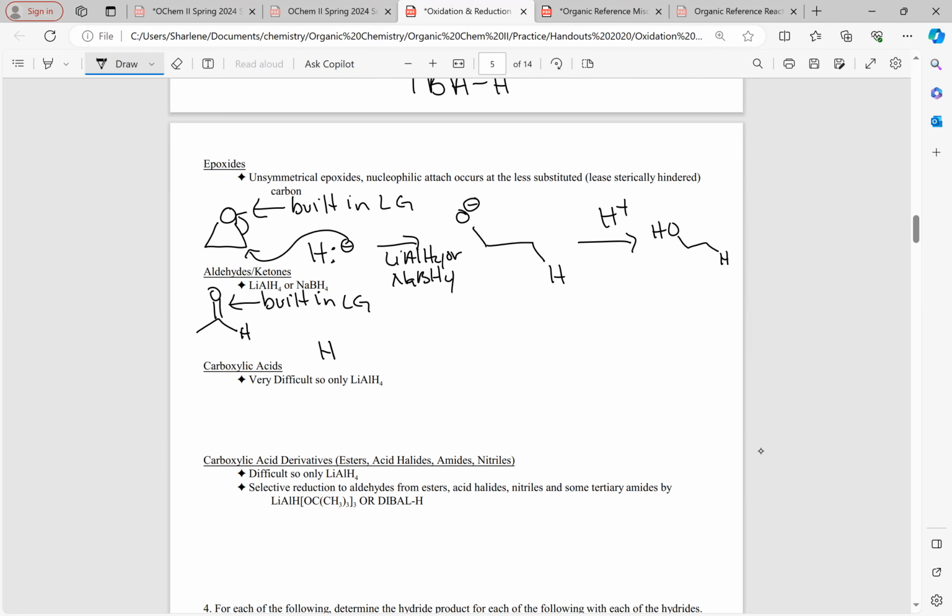So we take our hydride and whoop, and then of course protonate. And this is the hydrogen from the aldehyde.